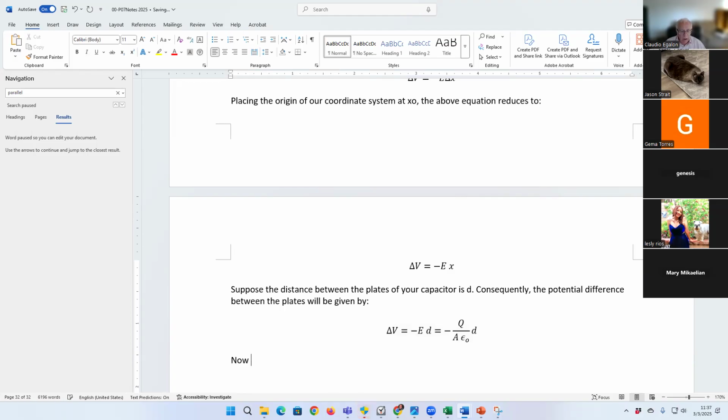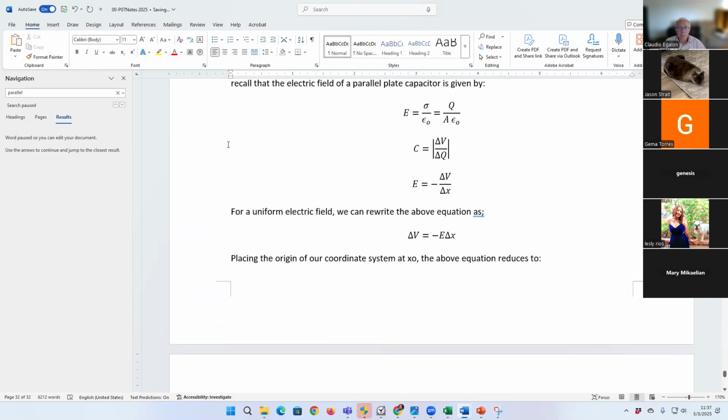Now we are ready to determine an equation for the capacitance of any parallel plate capacitor. Okay, so here you go. We get this one right in here.